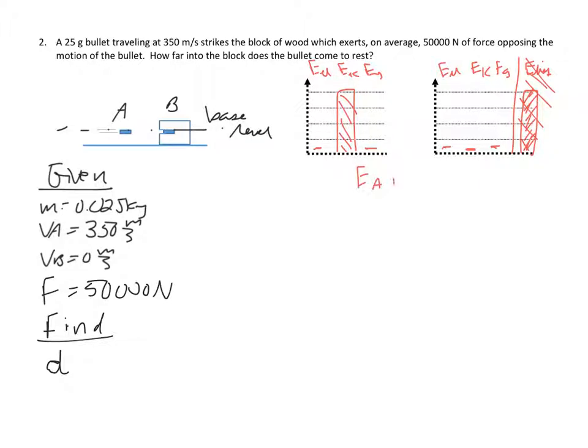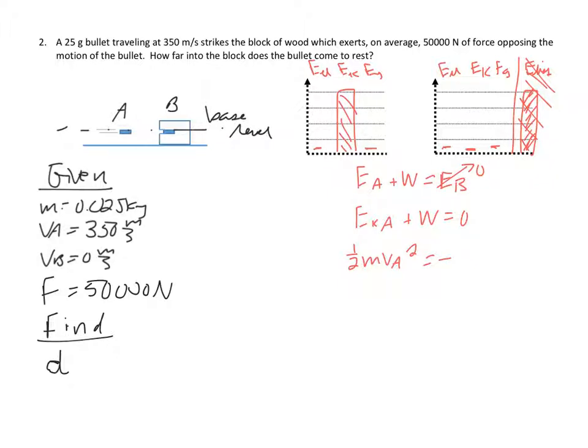Energy at A plus work equals energy at B. This becomes a little bit easier because your energy at B is 0. Kinetic energy at A plus work equals 0. 1/2 m VA squared equals, I'm just going to bring this over to the other side, negative work.